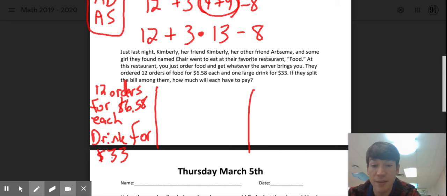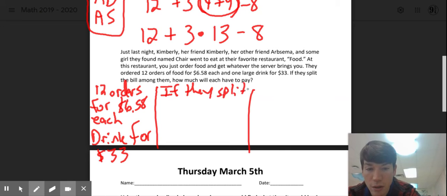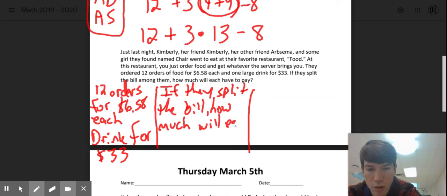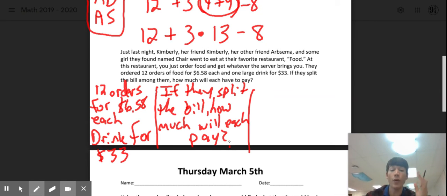So the question says, if they split the bill, how much will each have to pay? Now, what we know here is we know that they ordered 12 orders of this food for $6.58 each.